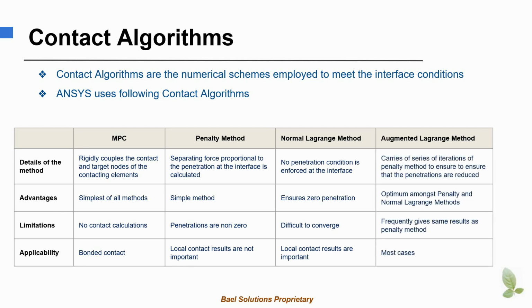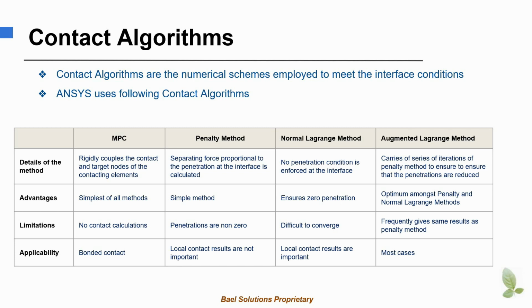The fourth and the default ANSYS contact algorithm is Augmented Lagrange method. Augmented Lagrange method introduces an additional factor to the penalty method. This limits the contact penetrations. A series of iterations are carried out to ensure that the penetrations are limited.